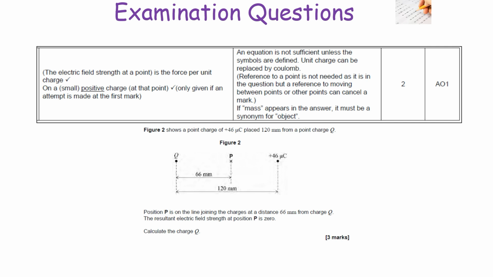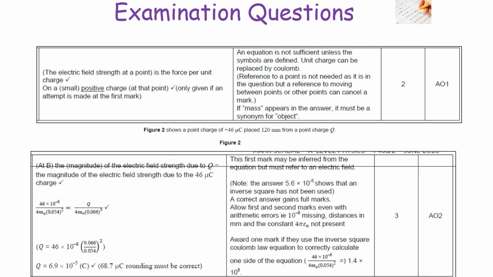Now, how do you calculate the charge here? Well, you'll notice that there are two charges. There's Q, and then there's the second one, which is 46 microcoulombs, and the resultant at P is going to be 0, so we can equate the electrical field strength from the left hand side to the right hand side and work out the value.